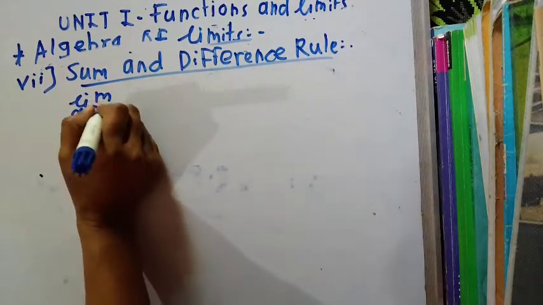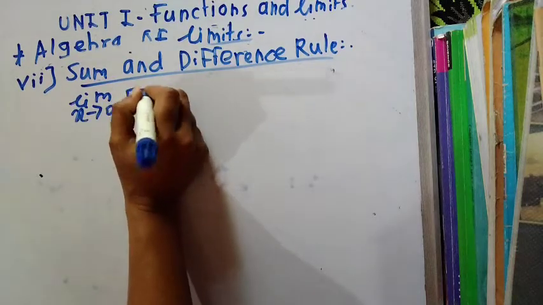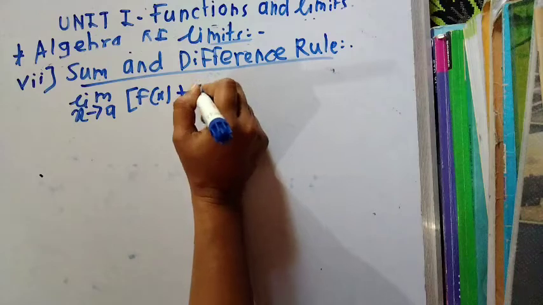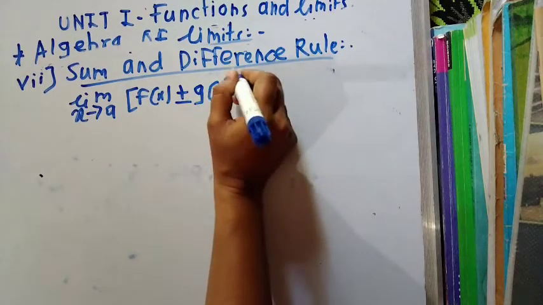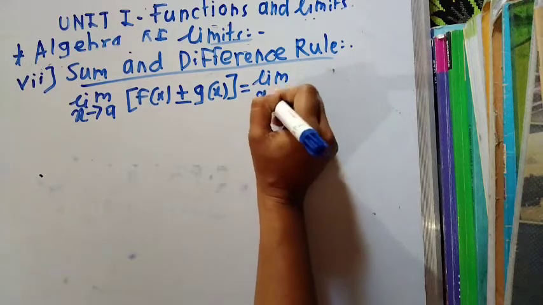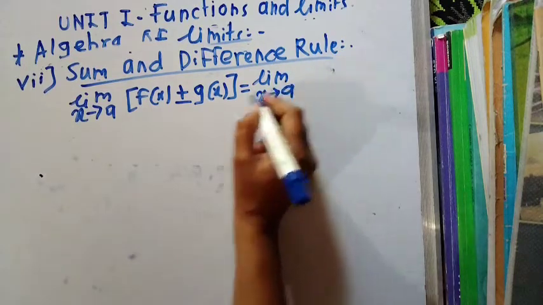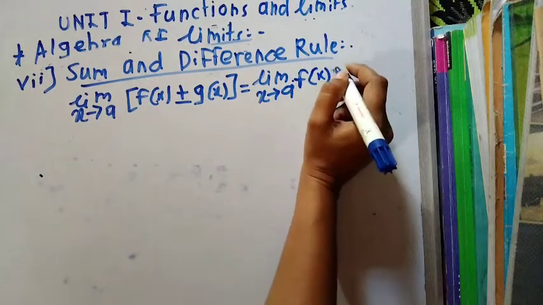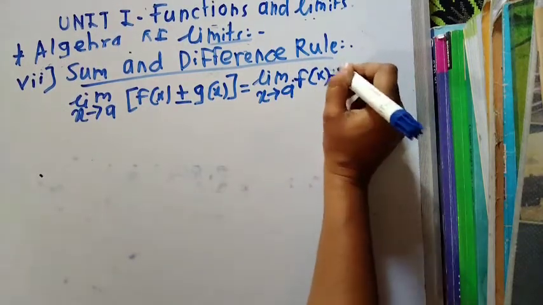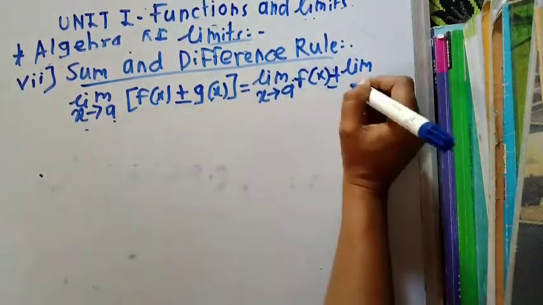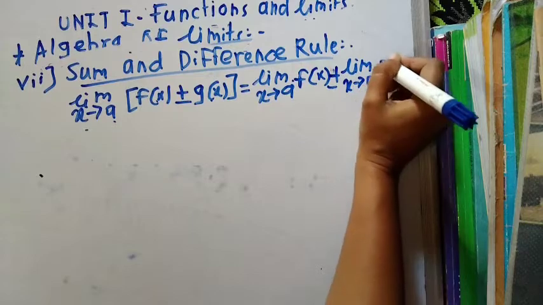Limit x tends to a of f of x plus or minus g of x is equal to limit x tends to a of f of x, separate the limits, plus or minus limit x tends to a of g of x.